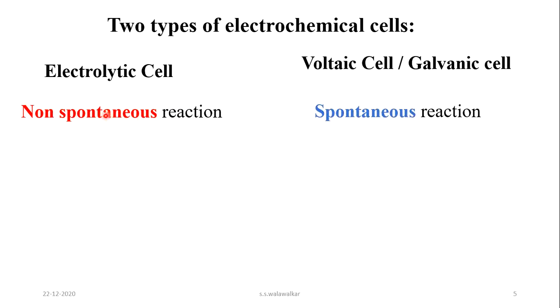For example, if you want sodium metal and chlorine gas from sodium chloride, then it is not a spontaneous reaction. When electricity is passed through molten sodium chloride, then you will get chlorine gas and sodium metal.